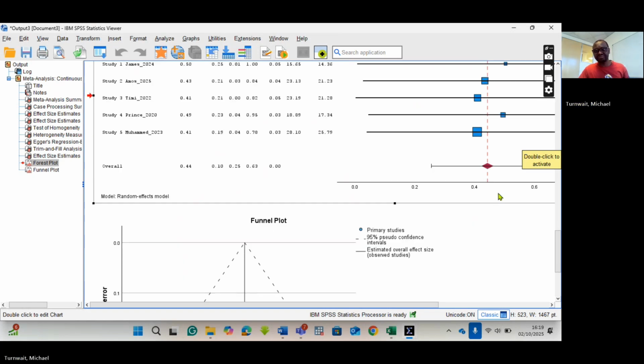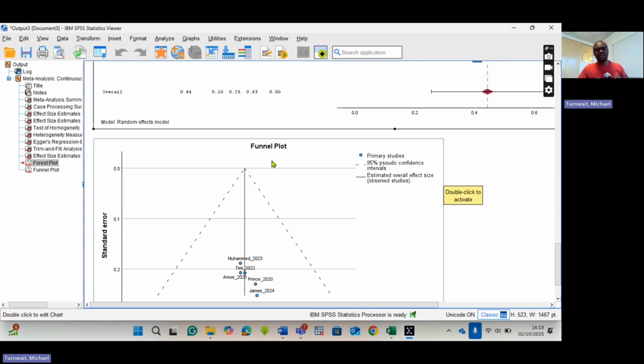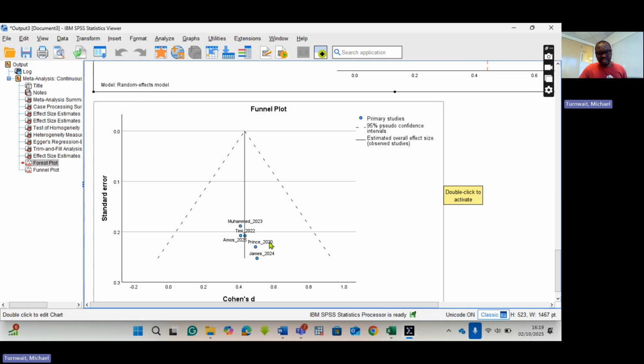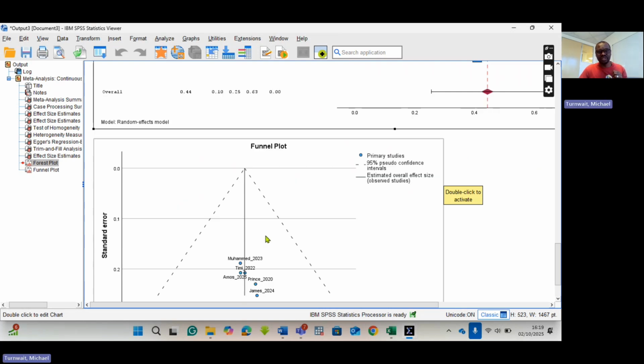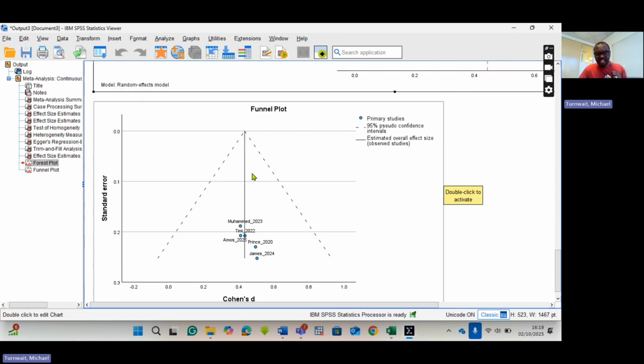Then this is the funnel plot indicating the random effect model which we have run. Take note that each of these blue circles, for example Mohammed 2023, indicates a primary study which we included. Each circle represents one study.